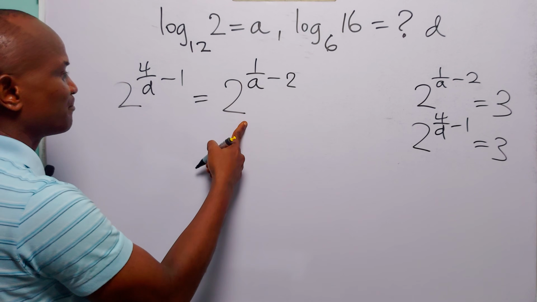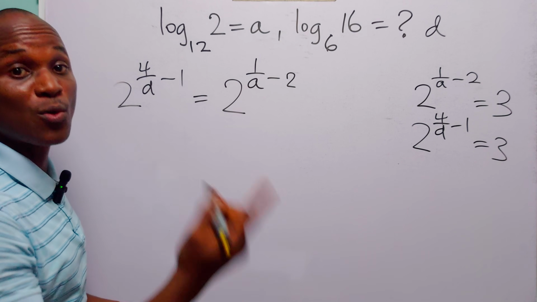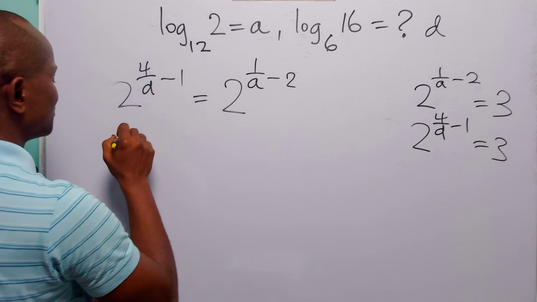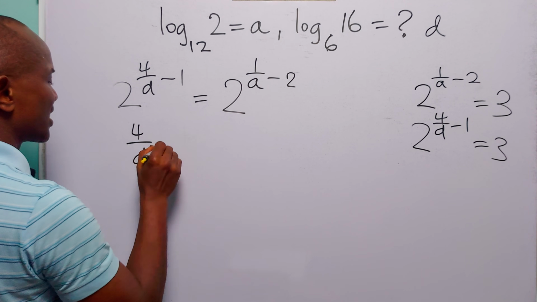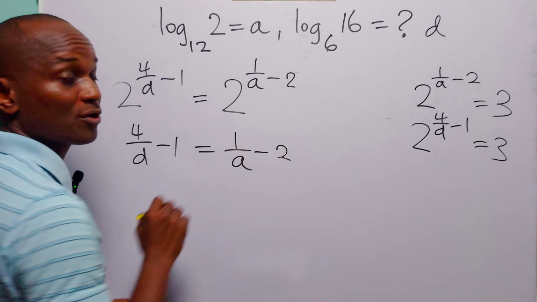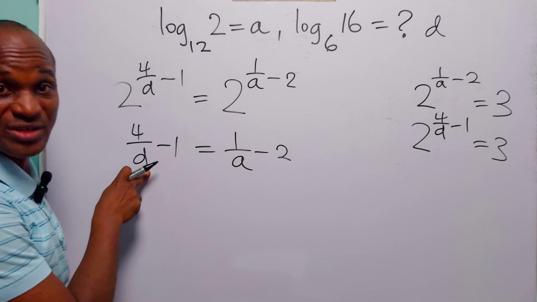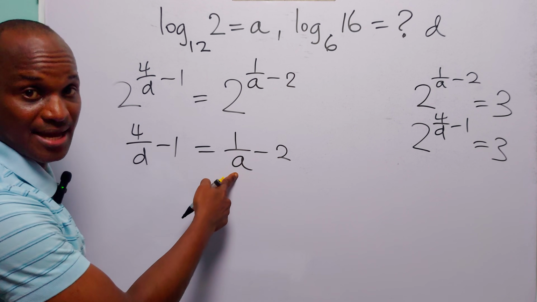Now we have the same base on both sides of this equation, so we can go ahead and equate the exponents. When we do that, we have that 4 over d minus 1 is equal to 1 over a minus 2. Do not forget that we are looking for the value of d in terms of a.